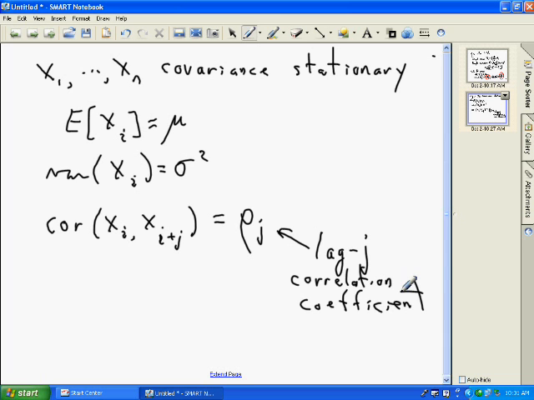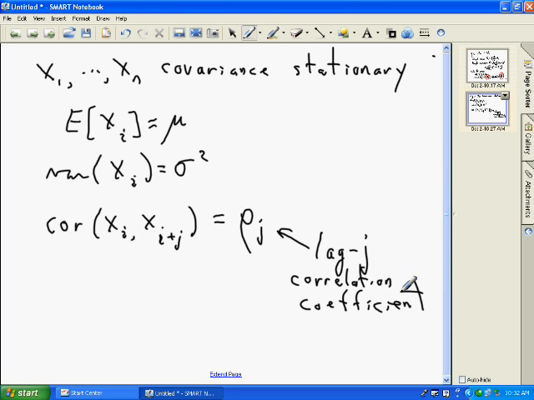So if you have correlated data, you would expect that the correlation between data that are neighbors to each other is going to be much higher than the correlation between data that's far apart. So if you're looking at, say, waiting times, I'm getting ready to go in a restaurant, and I ask the guy in front of me, how long have you been waiting?